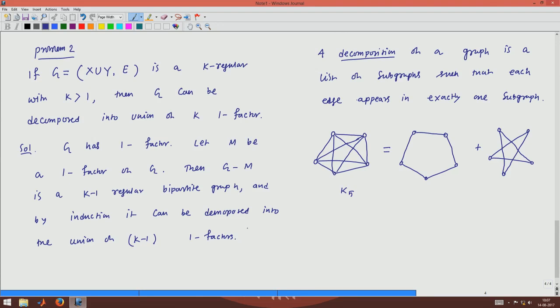Okay. So, this proves that the graph G, which is a k regular bipartite graph, can be decomposed into k 1-factors.